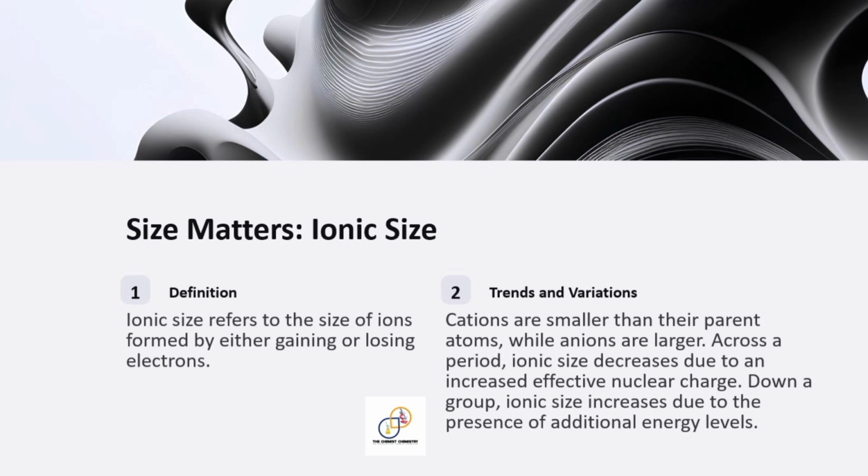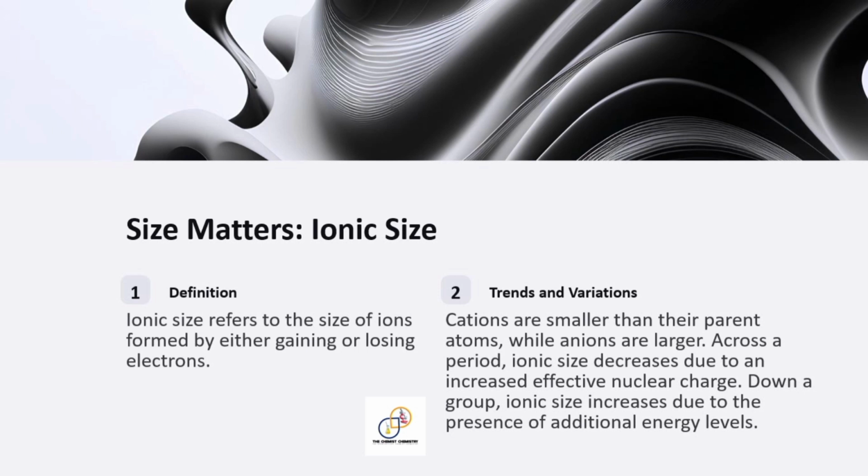Because nuclear attraction has increased, since the number of protons exceeds that of the electrons. So the attraction between the nucleus and the valence electrons will be strong, therefore shrinking the radius or size of the atom. Let's take note of that.